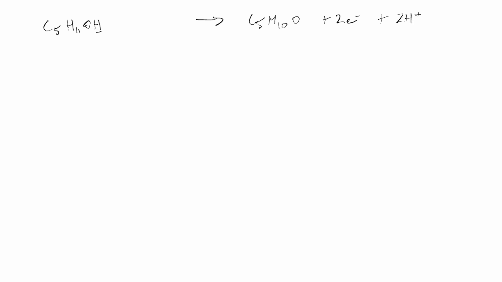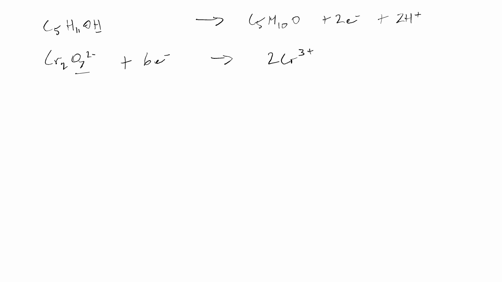pentan-2-ol. Let's do dichromate, Cr2O7 2-, and we know that it's going to be reduced by 6 electrons, and it's going to produce 2Cr3+. And what else do we need to do here? Oh, okay, so we've got 7 oxygen on the left here in the dichromate.